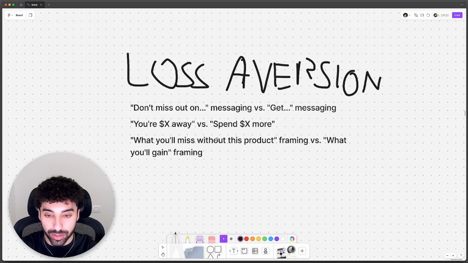The third example I have here is, again, the difference between loss aversion mentality, so what you'll miss out on without this product or this specific thing, versus what you'll gain from this product. Again, twice as powerful here because you're missing out on something, which again causes the first trigger we've talked about, which is fear of missing out and your urgency to act. So loss aversion, very powerful one. It's mostly very subtle.